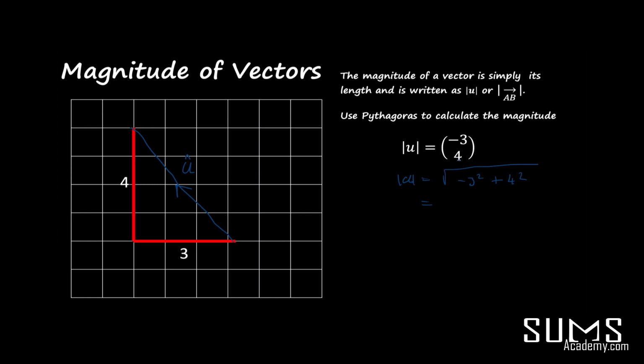You might just know this is the common triangle used, but we'll do the maths for the sake of it. 9 plus 16 equals the square root of 25, which equals 5 units. The magnitude of u is 5. That's basically the idea. It's really straightforward. I just wanted to give you a simple example there.